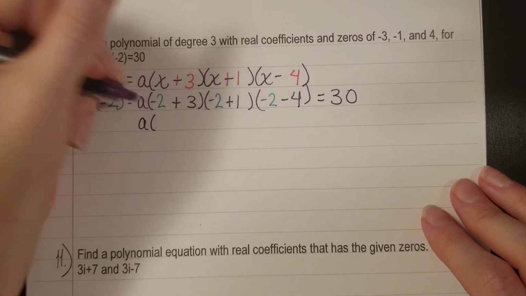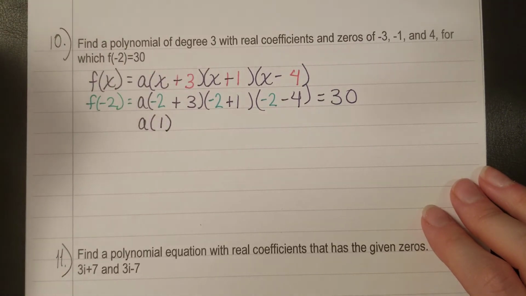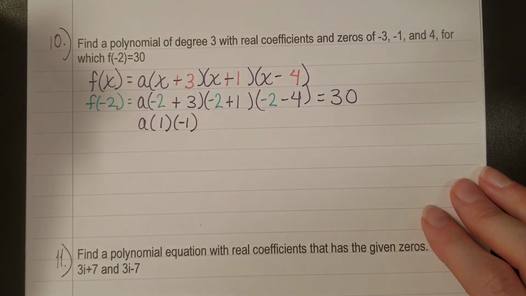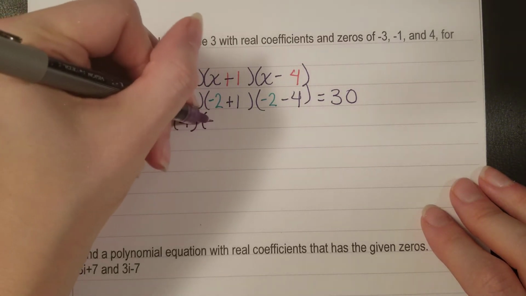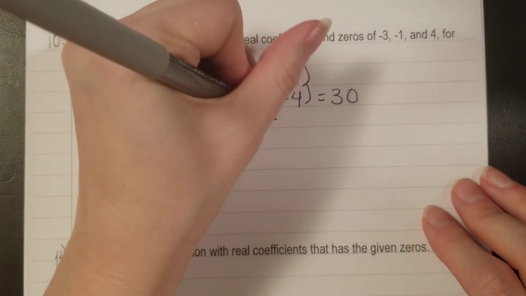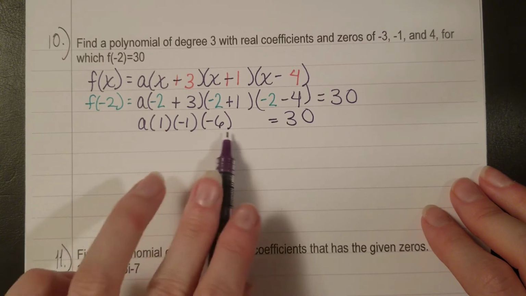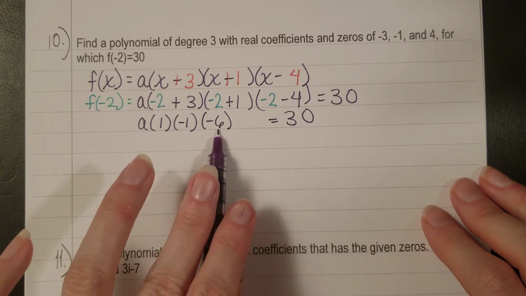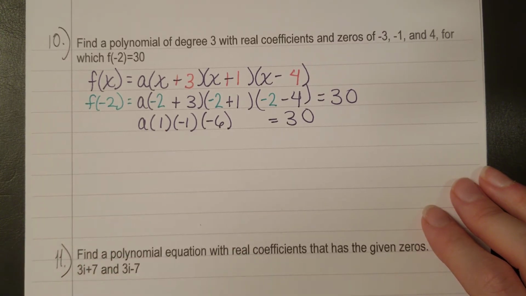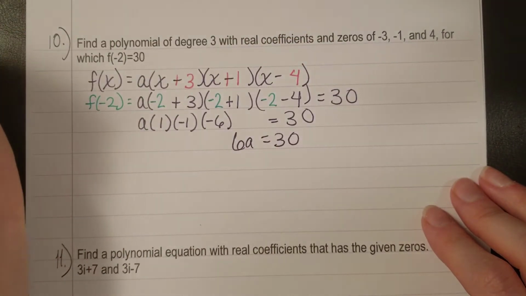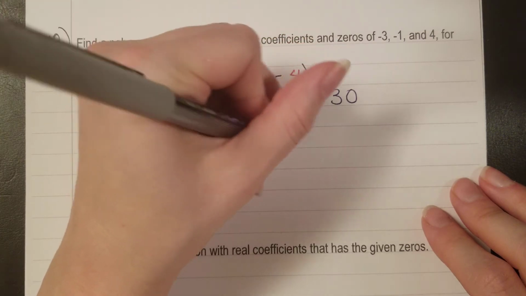All right, so negative 2 plus 3 is 1. Negative 2 plus 1 is negative 1. And negative 2 minus 4 is negative 6. So that's going to be 1 times negative 1 times negative 6, which is going to equal positive 6. So it's going to be 6a is equal to 30. And then we're going to divide both sides by 6.